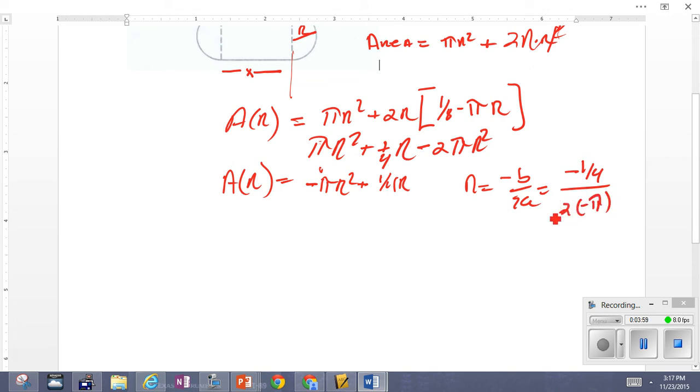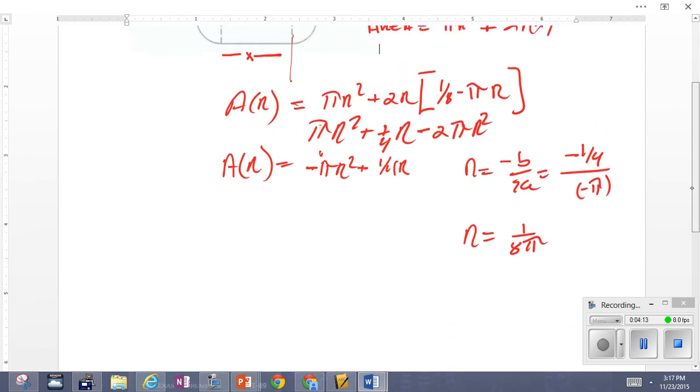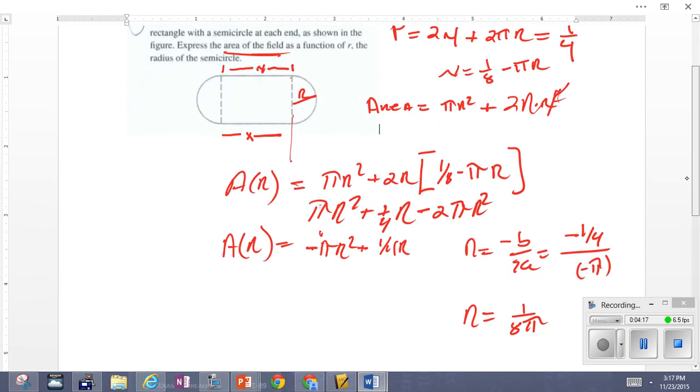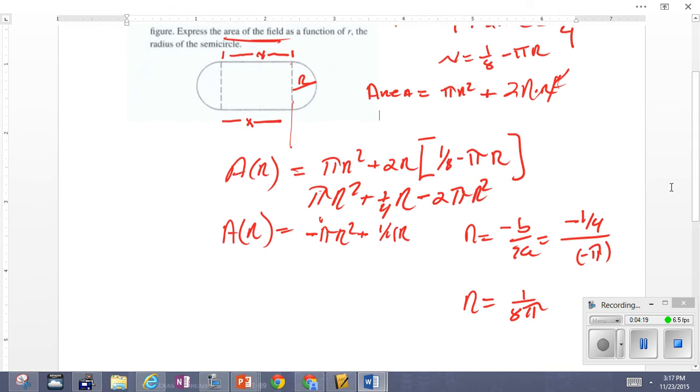So that you should be able to see will give us an r value of 1 over 8 pi. Now, if I wanted to know what were the dimensions of this field that would optimize the area, that was giving me the greatest area, that's with an r value of 1 over 8 pi. But now what's the x value?